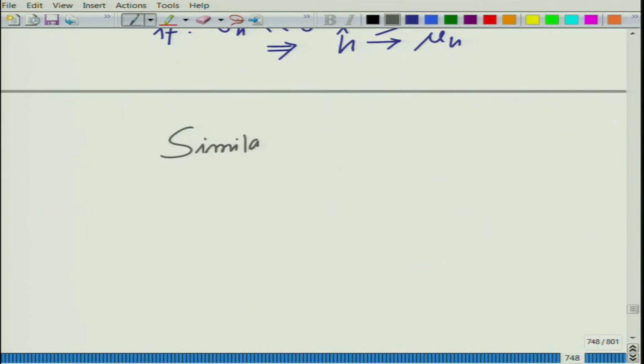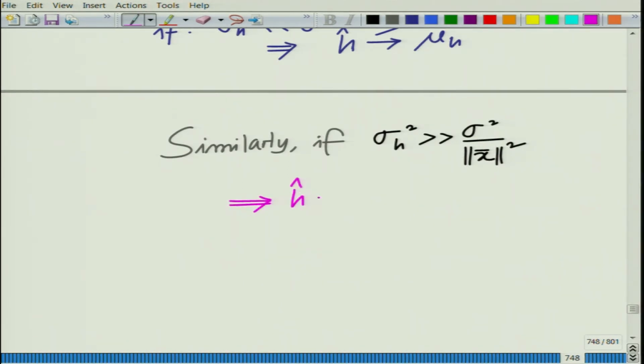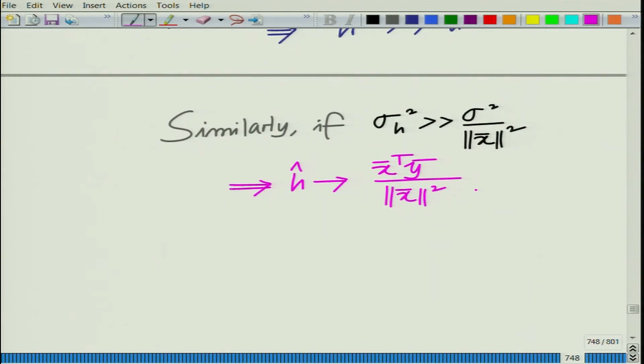Similarly, by the same token, if sigma h square is much greater than sigma square by norm x bar square, this implies h hat tends to your ML estimate, that is your x bar transpose y bar divided by norm of x bar square, which is basically the ML estimate, right.